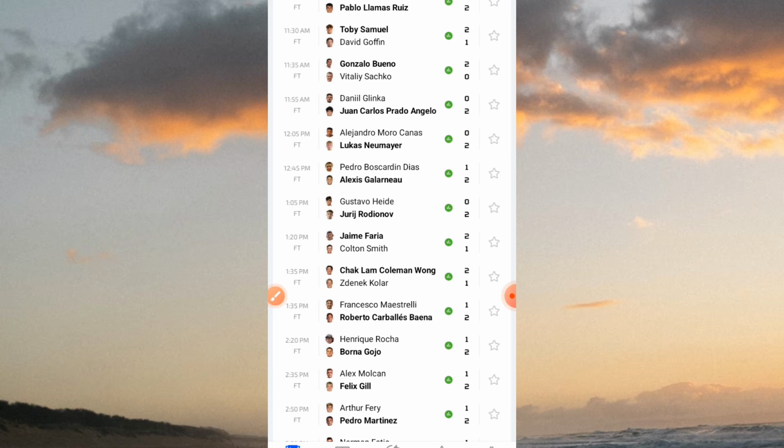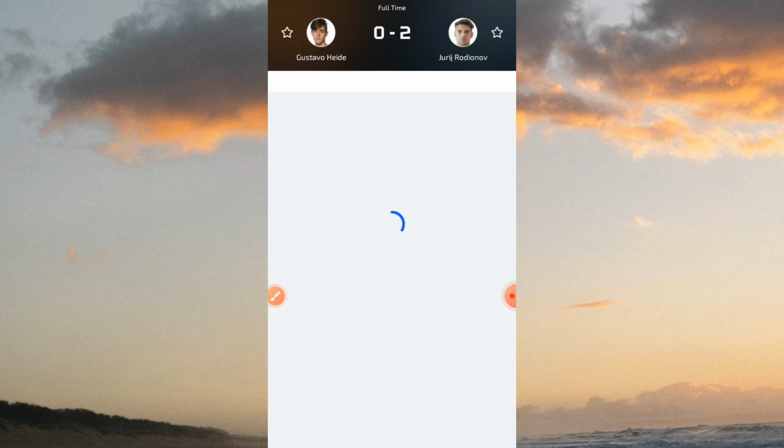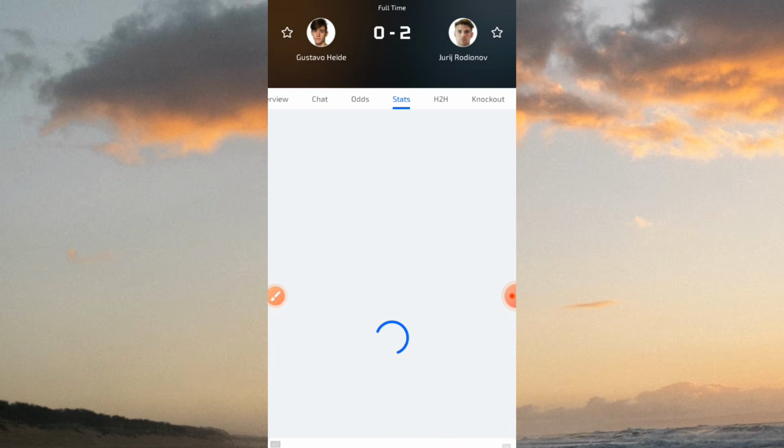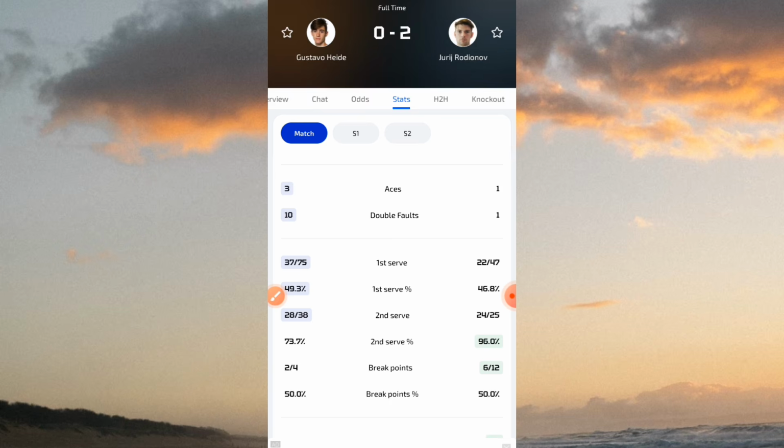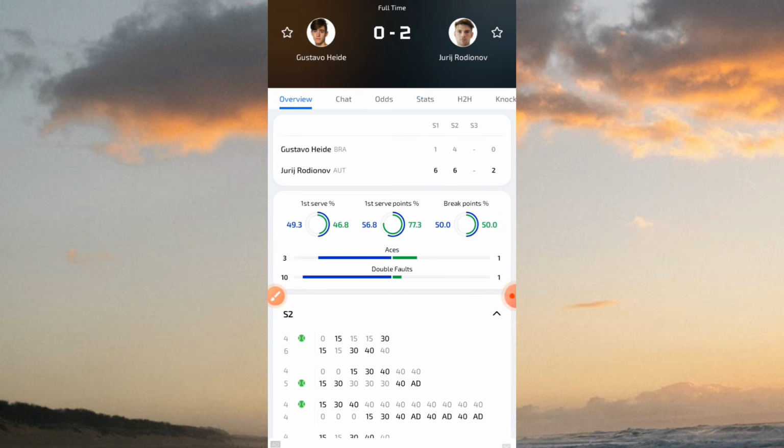Without wasting much time, in these tennis games we most times have 2 sets, and if the game ends in a tie, the match extends into a third set. You will be seeing outcomes like 0-2, 2-1, 2-0.